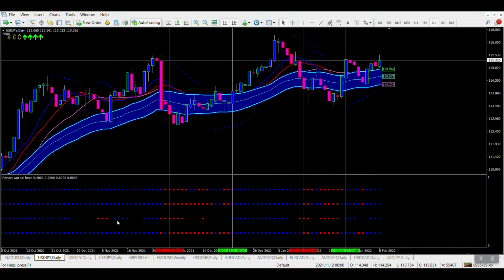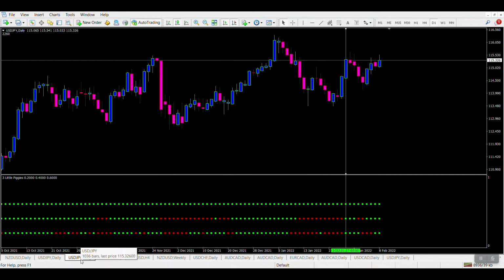All right, three pigs. Here's the three little piggies. It's 3 MAs. The first one on the top here is the weekly. The second one is the daily. The third one is the 240. The idea, and there is a PDF, and I don't know that I could upload it or not. I might.